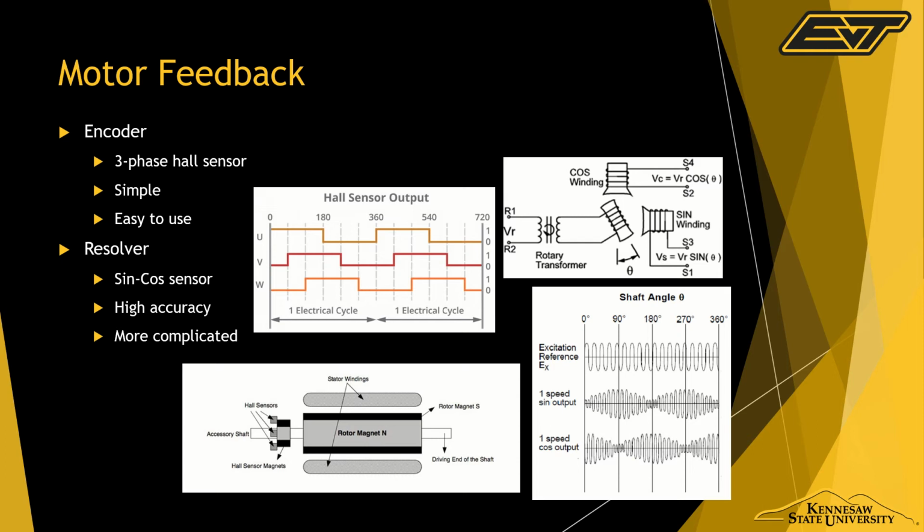Now, a rotor that has a transformer on it, or an electromagnet rather than a permanent magnet, is generally fed an AC signal just like this, as a check for the sine and cosine sensors to continually see the motor position even when it's stopped.